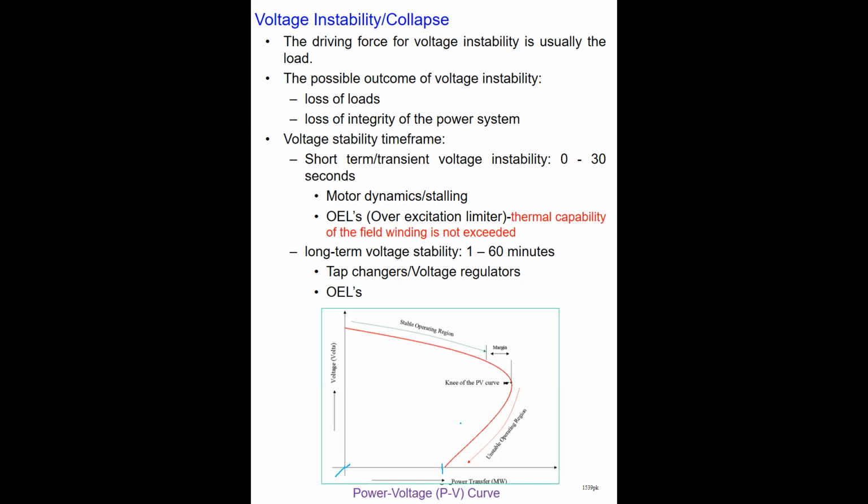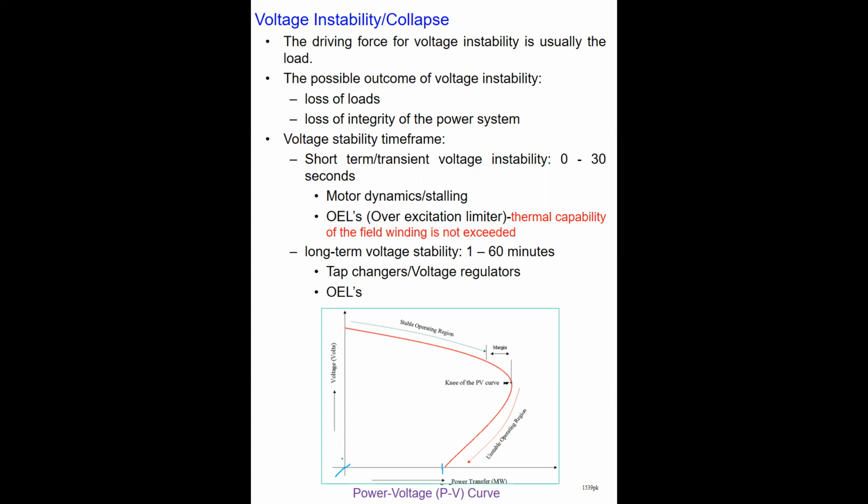Because if you increase the load beyond this point, and at that instant you suddenly cut out your load completely, the moment the voltage collapse takes place, then this will become zero.